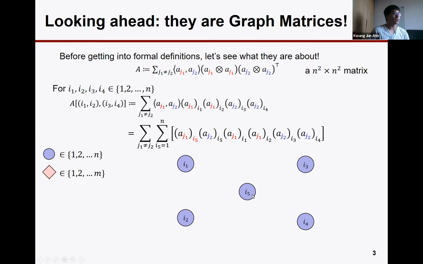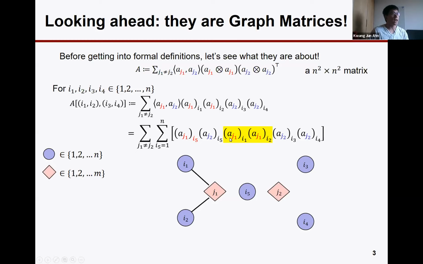So you can draw these 5 i indices and 2 diamonds like this. Since the a_i's and a_j's are random vectors, these are just random variables, and you can very heuristically represent these random variables with edges based on the dependency on the indices.